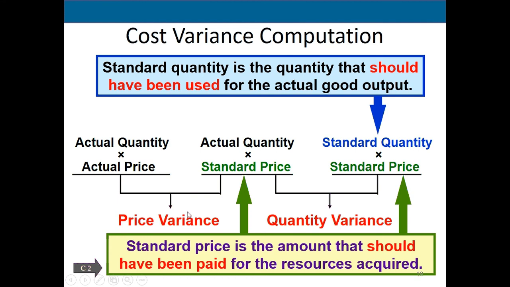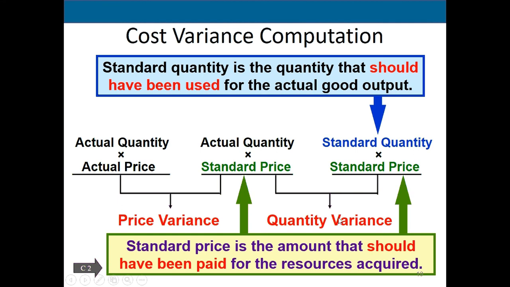That's it. And if it was, we multiply that difference by the actual quantity. So to find the price variance, we take the actual quantity purchased times the difference between the actual price and the standard price. I think that's just the better way to view it.